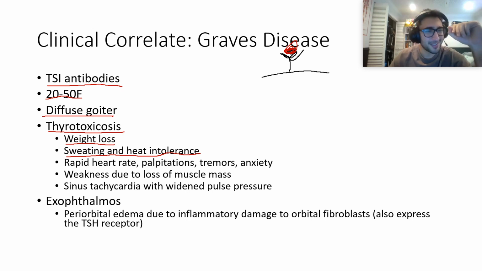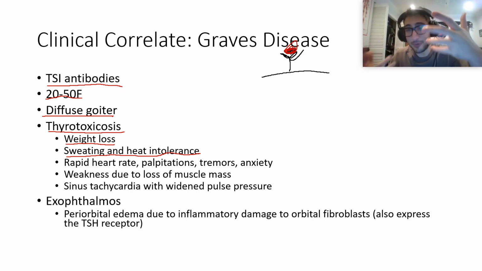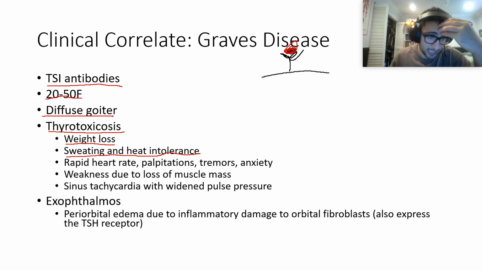The heat intolerance is going to be a result of the lack of regulation because everything's uncoupled and you're producing so much heat. When you're in a warm environment, you can't tolerate it. So there will be intolerance to heat, and increased sweating. Additionally, there's some cardiac effects that we're going to talk about, and that's going to cause rapid heart rate, palpitations, tremors, anxiety.